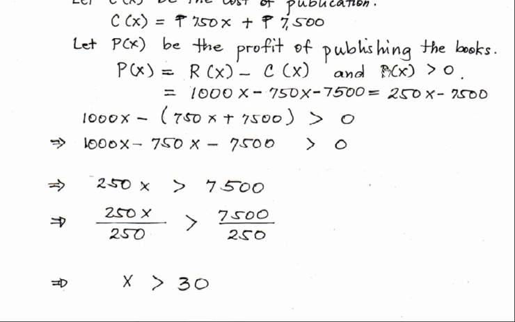P of x greater than 0 is equal to 1,000x minus the quantity C of x, 750x plus 7,500, greater than 0. I'll just rewrite everything to make it clear. Then we substitute to take away the grouping: 1,000x minus 750x minus 7,500 should be greater than 0.